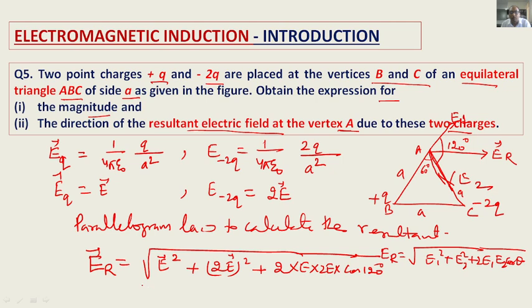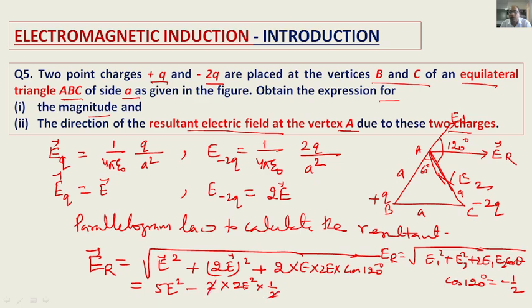Okay. Now further. Here E square plus 2E square, it means 4E square plus E square, 5E square plus cos 120 degree is equal to minus sin 30 degree. Minus sin 30 degree is minus 1 by 2. So we can place as 2 into 2E square into 1 by 2.